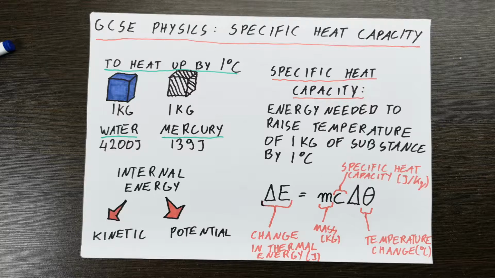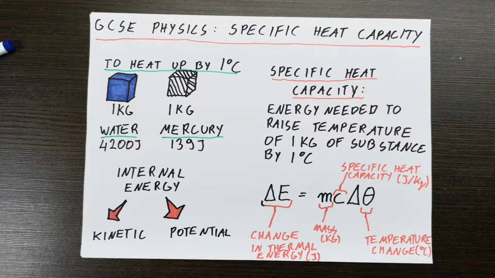Now, that actually is the way to do specific heat capacity, but what we need to be thinking about is particles. If we think about it, mercury particles have much higher molar masses when you look at the chemistry of the molecule.